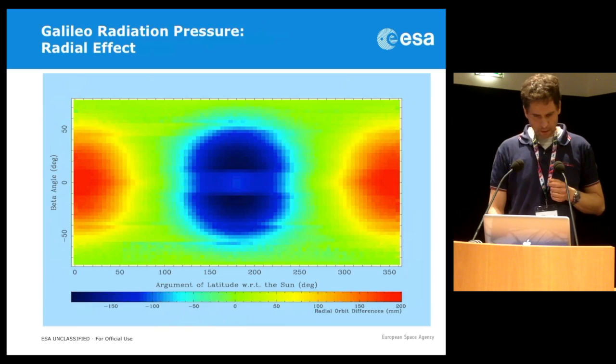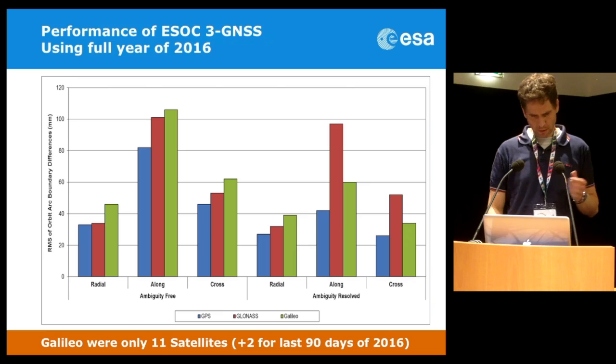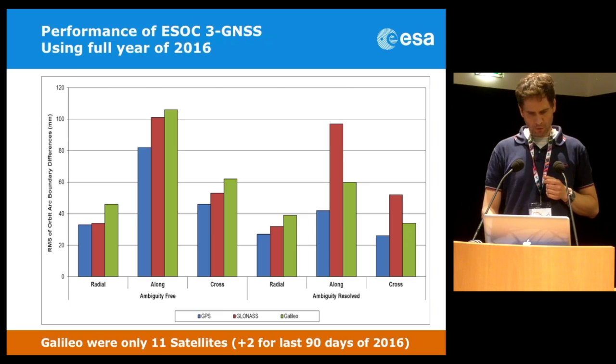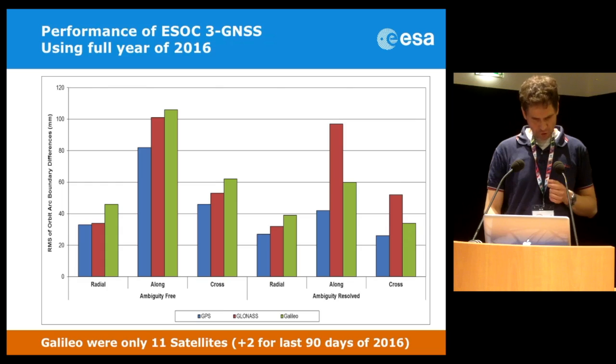And finally, a small benchmark test that we have done. This shows the orbit overlap RMS for all 3 systems. That was a reprocessing over 2016. Blue is GPS, red is GLONASS, and green is Galileo. The left-hand side is the ambiguity-free and the right-hand side the ambiguity-resolved solution.